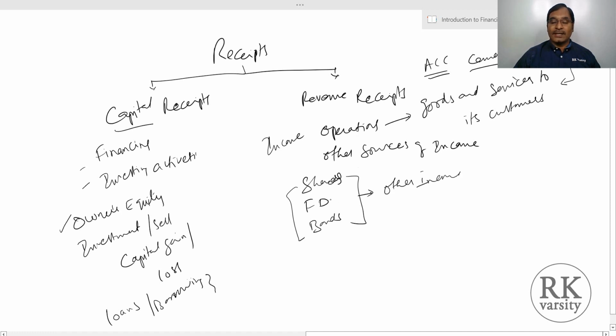Suppose it made an investment in a fixed deposit and earned rupees 1 lakh as interest on this deposit. So this interest on deposit for that particular year is your other sources of income.